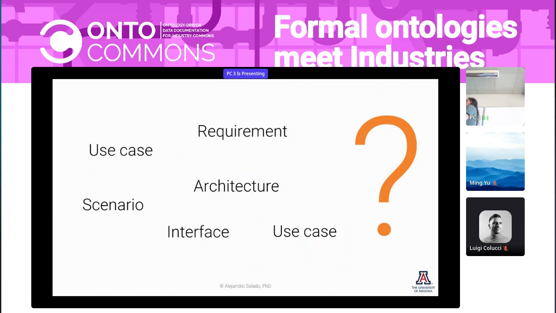None of those efforts attempt to define what those things are. Yes, we have a class for those things, but what is the meaning of a requirement? We had a discussion yesterday, right, Chris, on use cases and what we mean by that, and what is the architecture. Even the word interface, you'd be surprised. You can hardly find two people that give you the same definition for that. And we're talking about basic stuff, right?